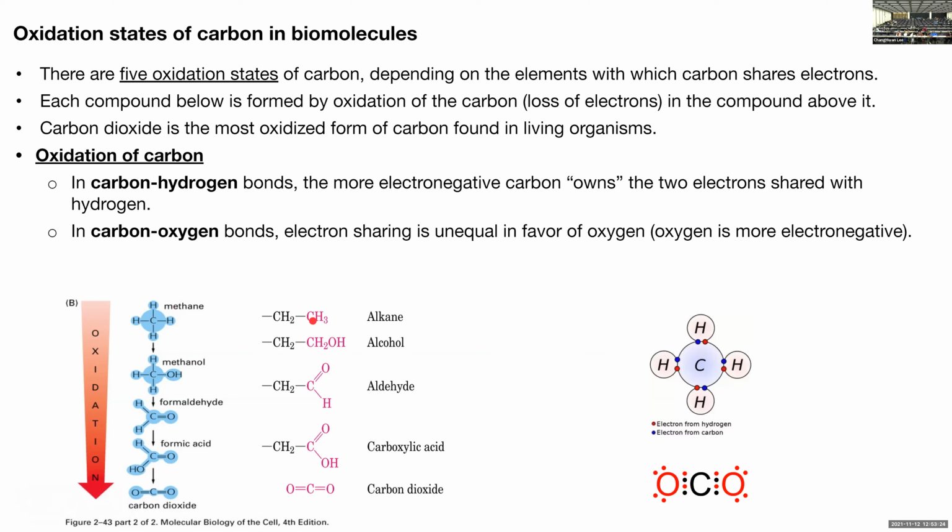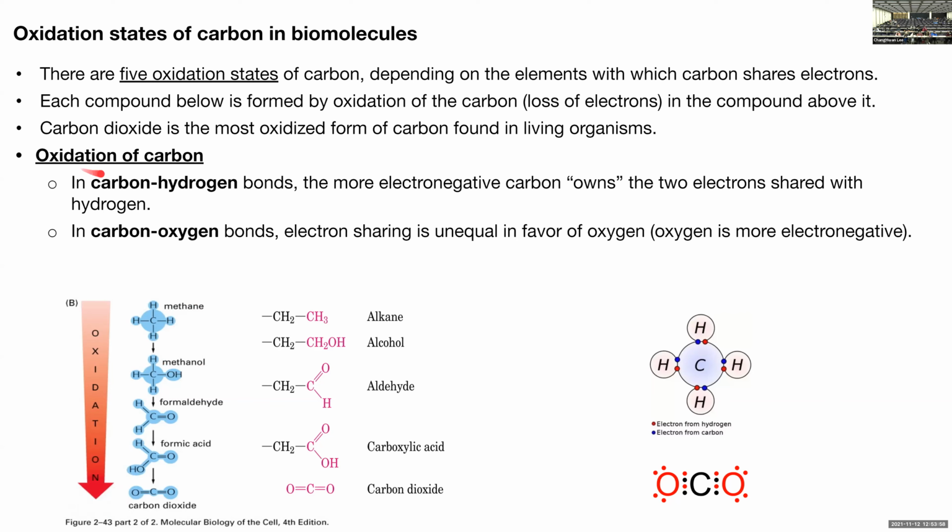And this matches with this molecular series here: alkane, alcohol, aldehyde, and so on. This process of oxidation is basically losing electrons, and you can also take it as gaining oxygen. It's either gaining oxygen or losing electrons from the compound during oxidation.